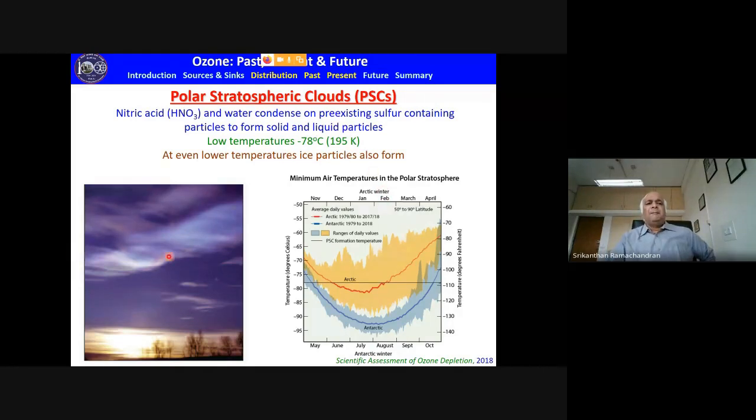This is a typical picture of how polar stratospheric clouds look in the Antarctic, taken during one of the campaigns.